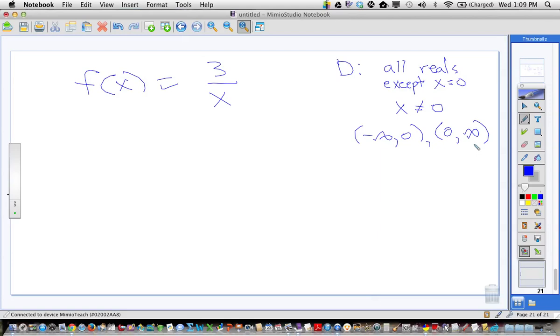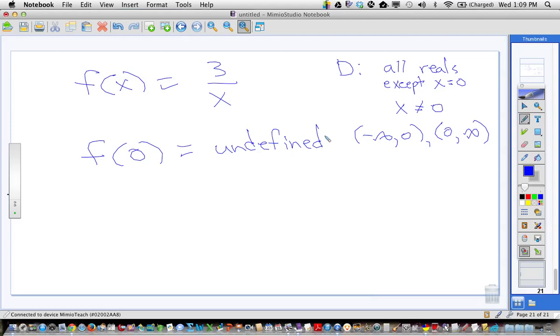But for 0, I don't. So if I ask you f of 0, what would you write for your answer? You would write undefined. Now, you wouldn't write undefined because you can't divide by 0. You would write undefined because that function does not have an output for an input of 0.